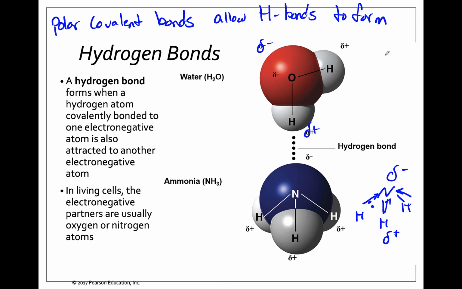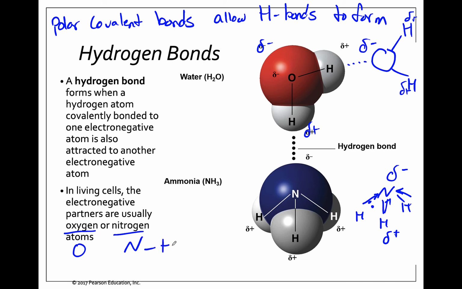So I could draw another water molecule here. There's my oxygen, hydrogen, hydrogen. My partially negative oxygen is going to want to be next to my partially positive hydrogens. The electronegative atom is almost always going to be oxygen or nitrogen.